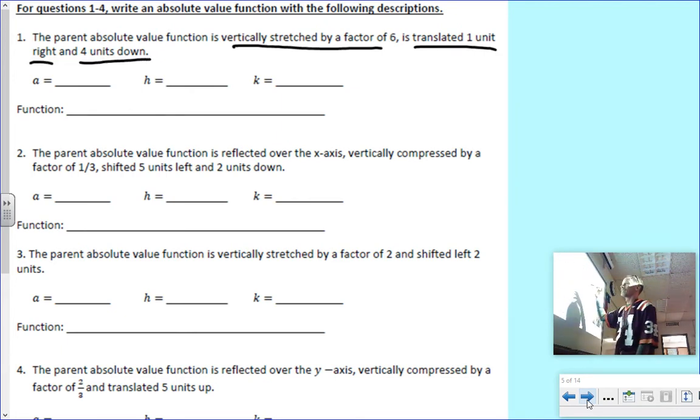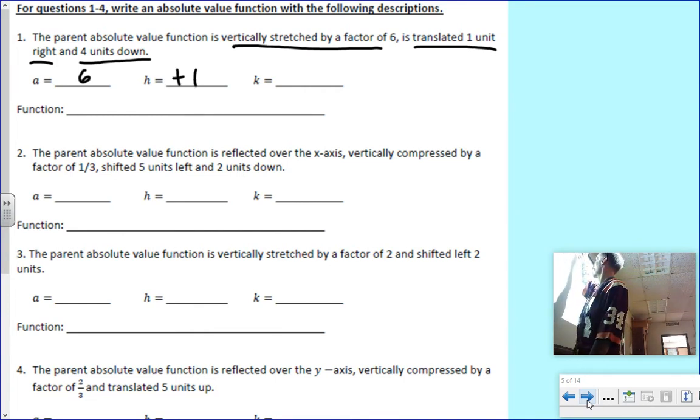So you just list out your values and then use those values to write your function. So vertically stretched by 6, that means a is 6, easy enough. 1 unit to the right, so h is +1 because it's going to the right, and k, 4 down, k is -4.